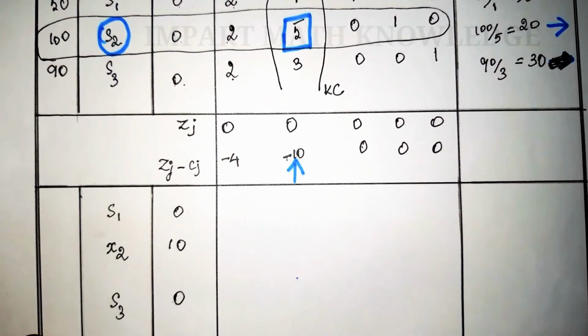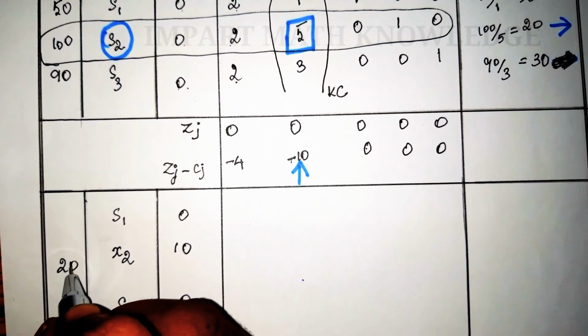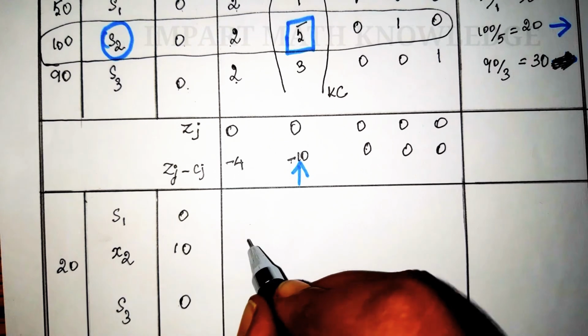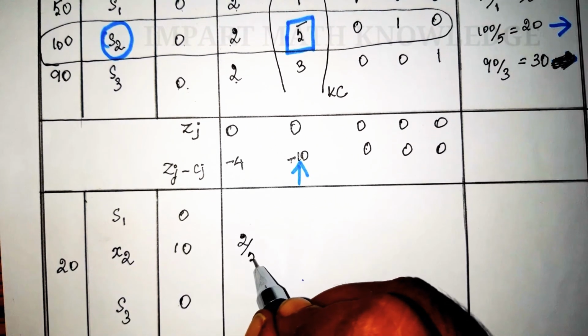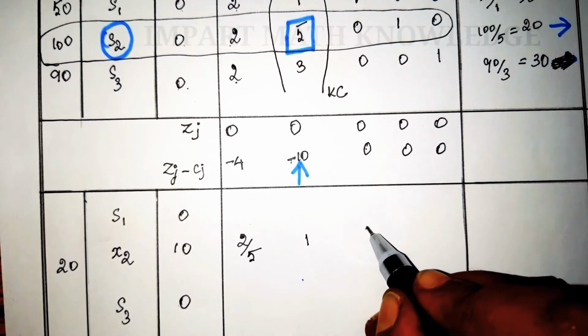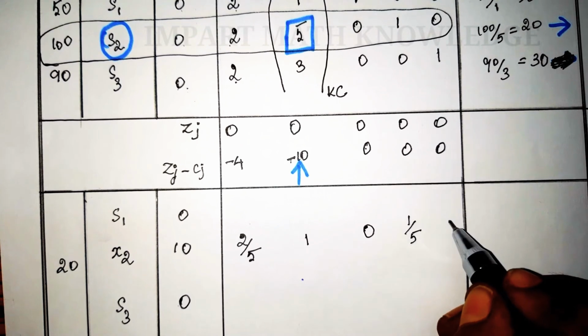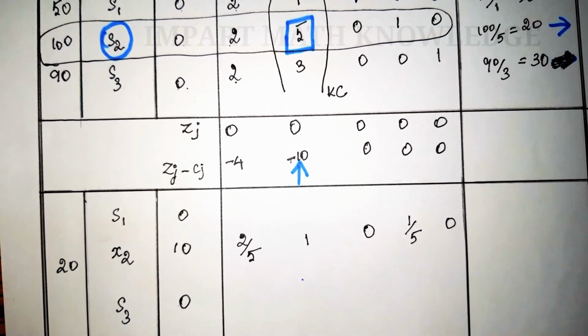So 100 divided by 5 is 20. 2 divided by 5 is 2 by 5, 5 divided by 5 is 1, 0 divided by 5 is 0, 1 divided by 5 is 1 by 5, 0 divided by 5 is 0. Now the second row is over.